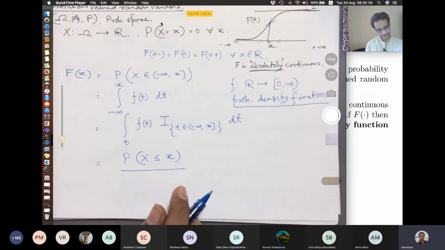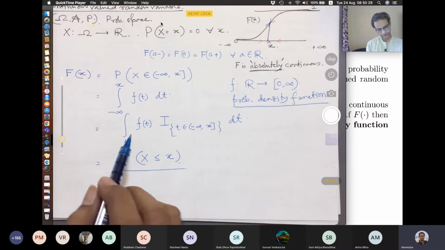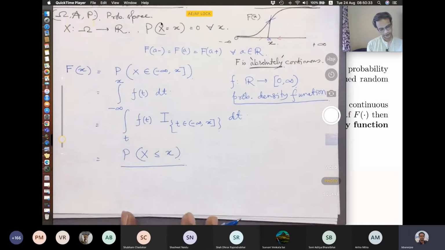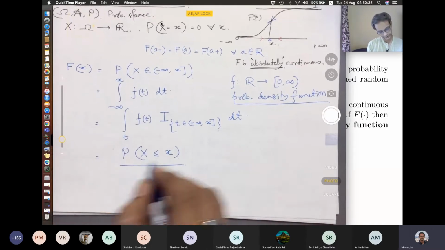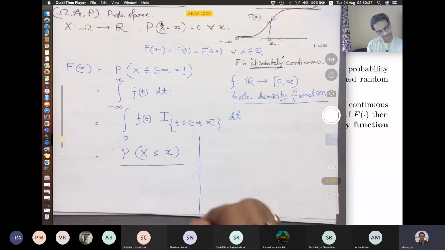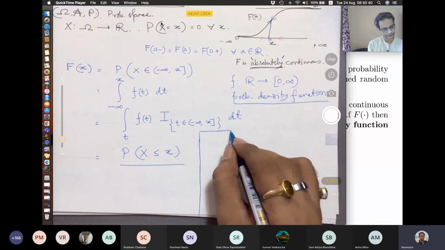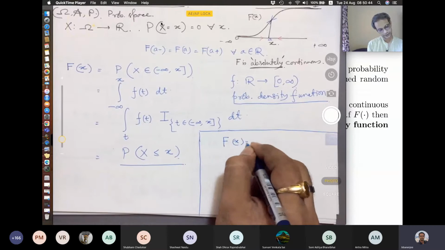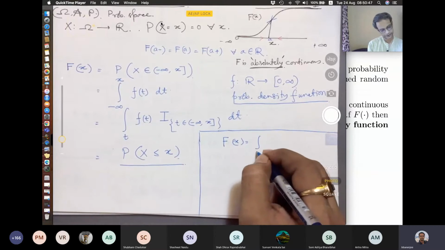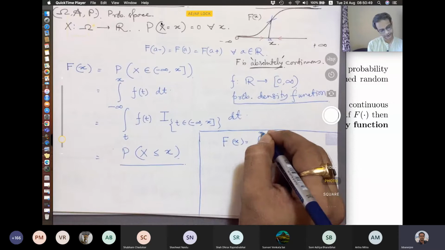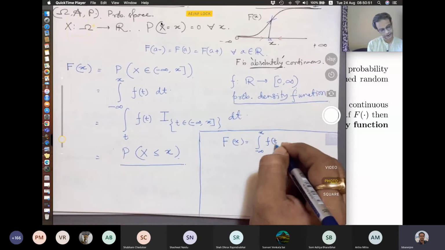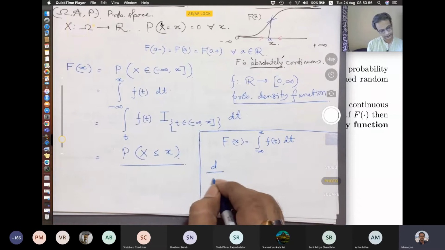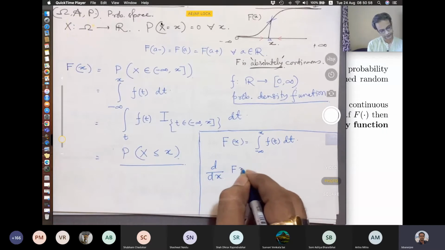So I hope all of you have done Riemann integration. So if you have this identity that F(x) equals the integration from minus infinity to x of f(t) dt, then what will be d/dx of F(x)?